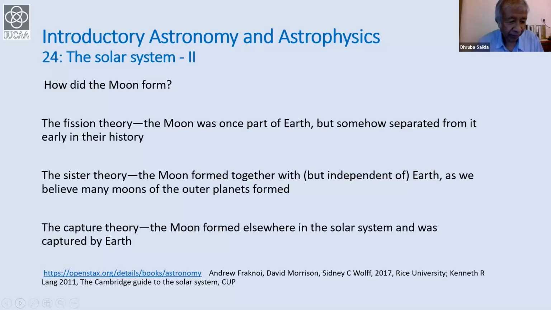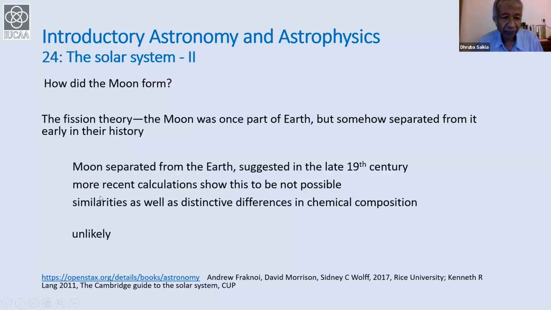But these theories have actually been discounted for various reasons. The fission theory, the Moon was once part of the Earth, but somehow separated from it early in the history. This was suggested in the late 19th century without much observational evidence. And more recent people have done calculations and shown that this is very unlikely, not possible. And also, as Ahan mentioned, there are similarities in chemical compositions.